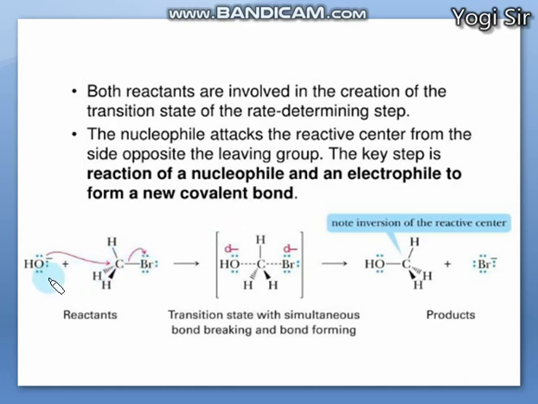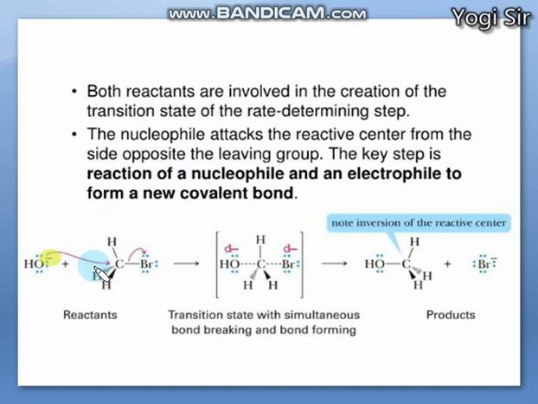You can see this hydroxyl group is negatively charged, which gets attracted towards the central carbon, right? Here the example is taken of bromomethane.